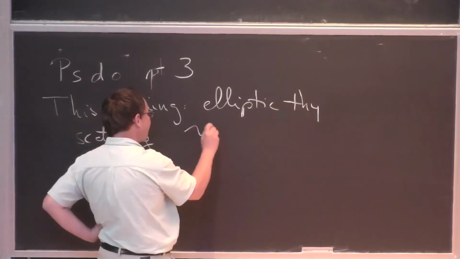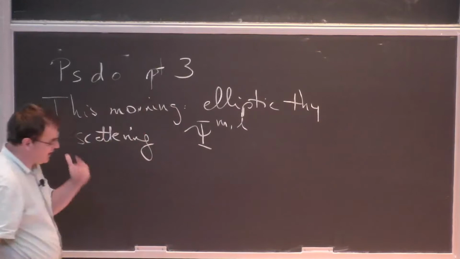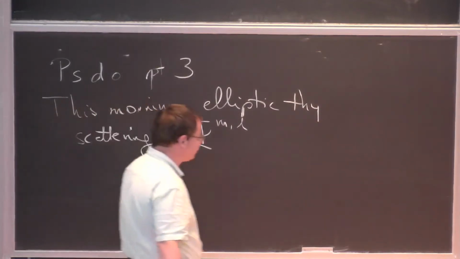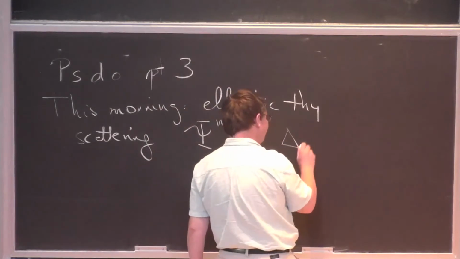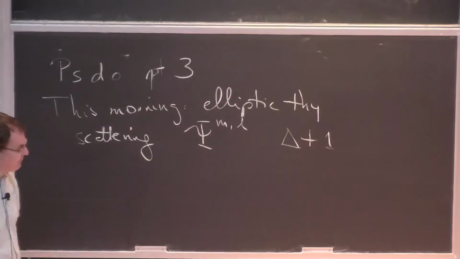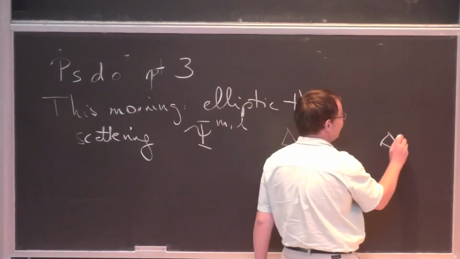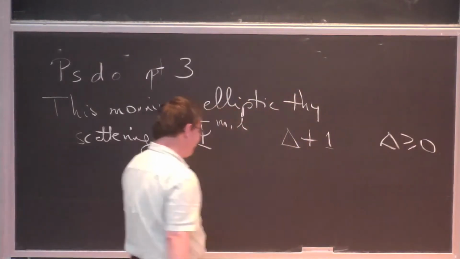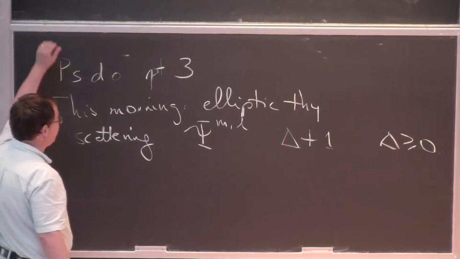So this was the scattering algebra psi sc. And the stereotypical elliptic operator in this, I apologize to Maciek, was Laplacian plus 1, where the Laplacian is a positive Laplacian. Just to make clear my sign. Anyway, so that was one example.